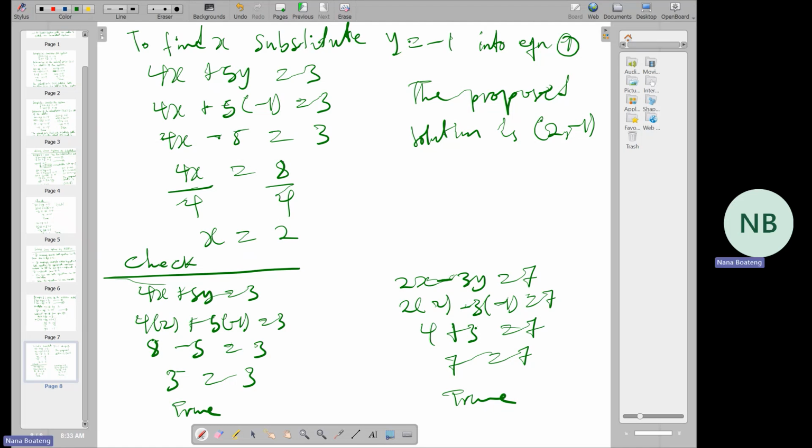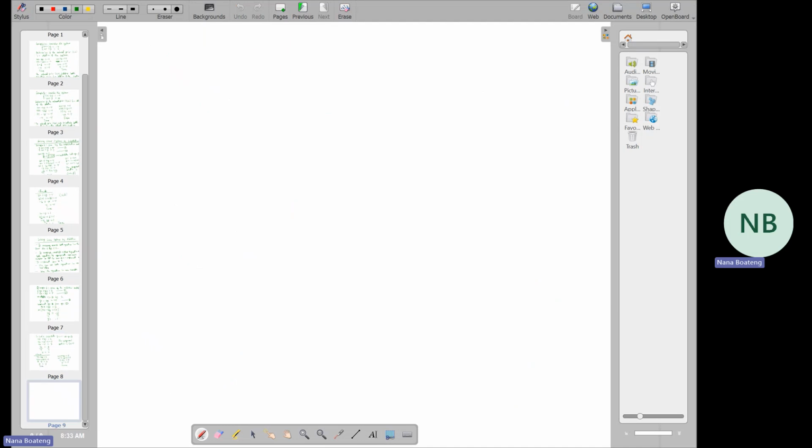So the next thing is let's discuss the number of solutions of two linear equations. Any system of two linear equations can have three kinds of solutions. So let's discuss what those kinds of solutions are.